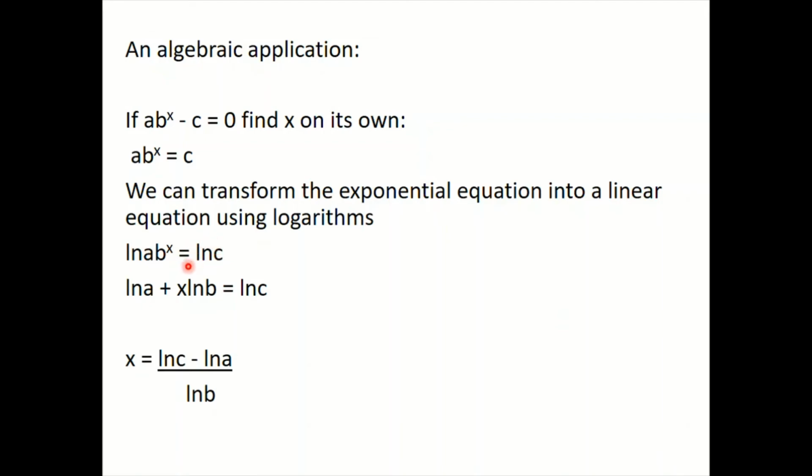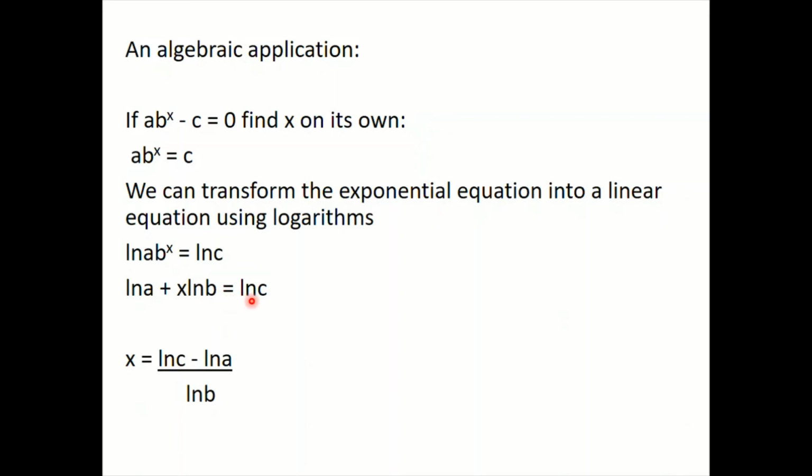Then using our rules of logarithms that we looked at on the previous slide, remember here we've got a times b raised to the power of x. So we can separate out this product, and we can take the natural log of a plus the natural log of b raised to the power of x, and then because of the power rule we can take this x to the front, which then equals the natural log of c.